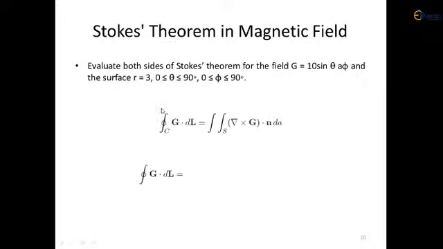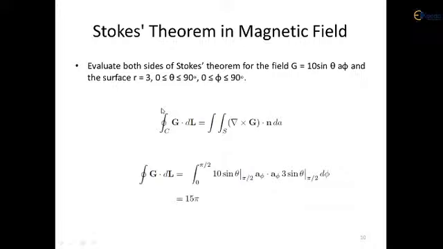So here we can denote it as the integral 0 to pi by 2 of 10 sin theta with theta value pi by 2, into a phi, dot multiplied with another a phi component, in multiplication with 3 sin theta, where again we put theta as pi by 2, d phi, and this gives us the value 15 times pi.